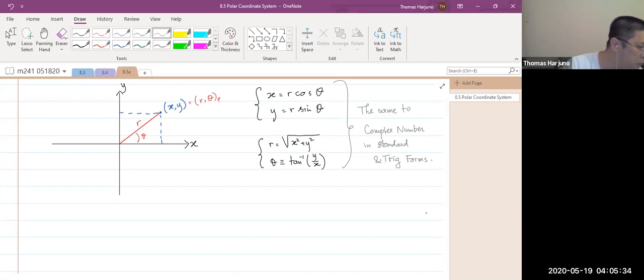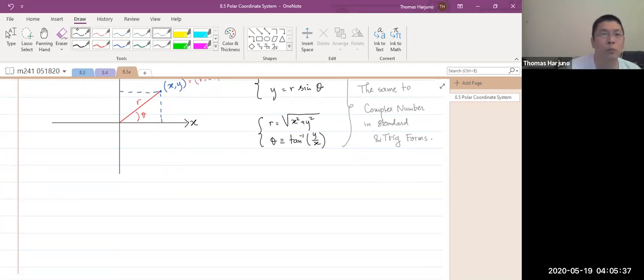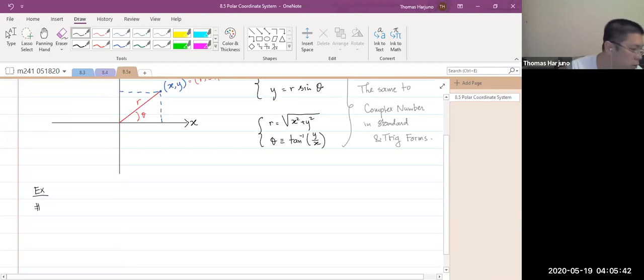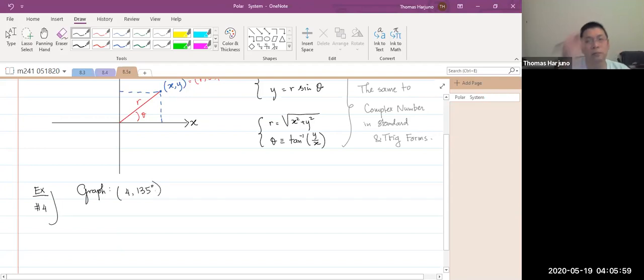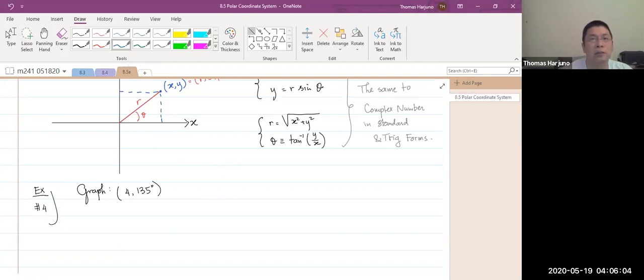Suppose, for example, I pick question number 4. Number 4, graph the position of 4, 135 degrees. So let's say this is the pole, the positive x-axis.